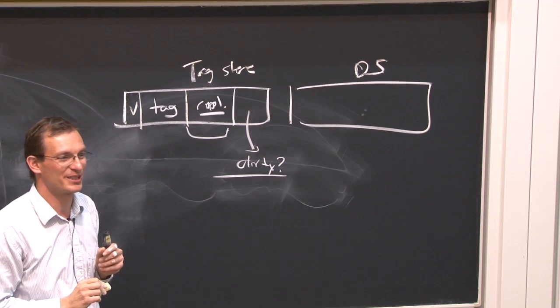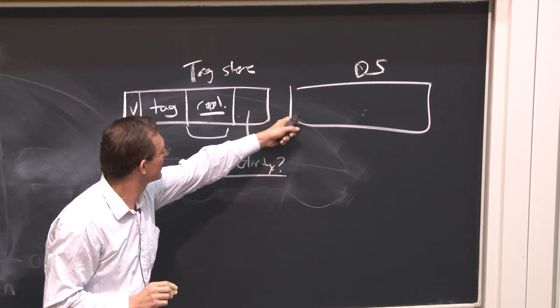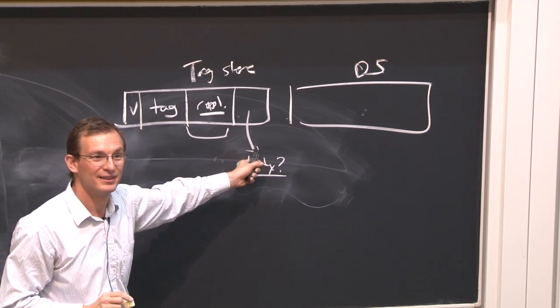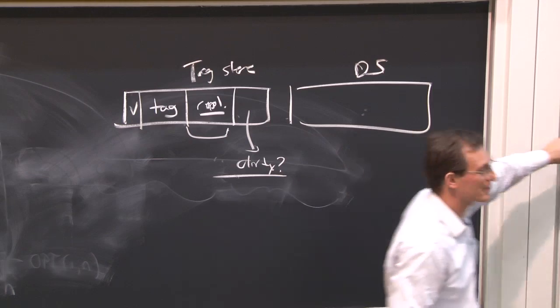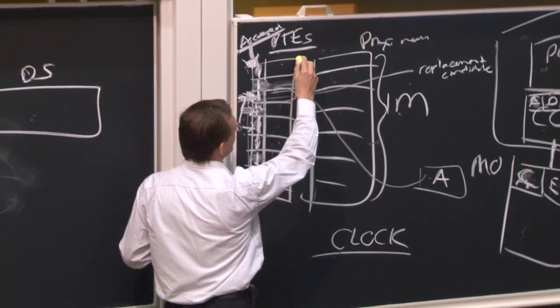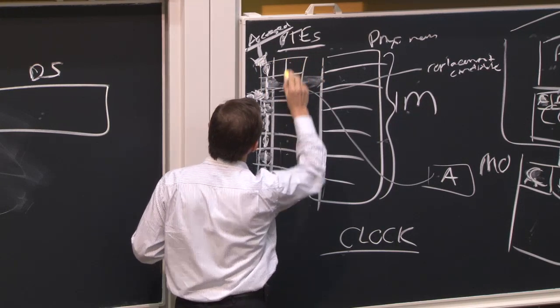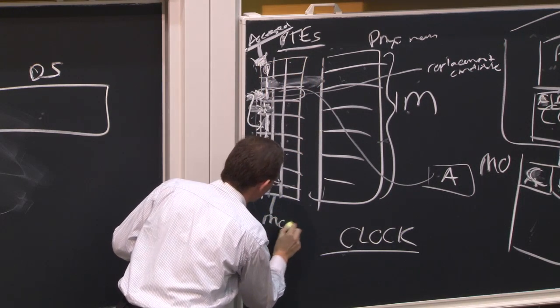You guys know about the dirty bit? Is the cache block modified? Again, this is very similar to page replacement, right? If you remember virtual memory, when you write to a page, you have another bit here saying modified. I guess I'll add that bit, modified.